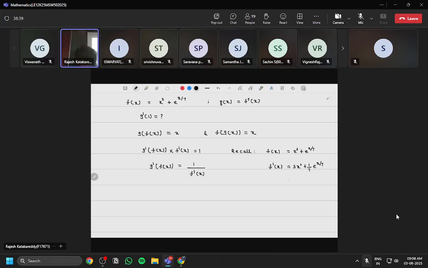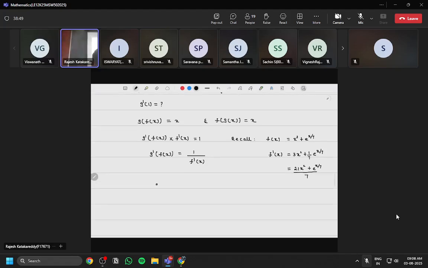So now if I take LCM, this is 21 into x square plus e to the power x by 7 whole divided by 7. Now if I substitute, g dash of f of x equals 7 divided by 21x square plus e to the power x by 7. Again, I am telling you what we need to substitute depending upon this only. We need to find g dash of 1.